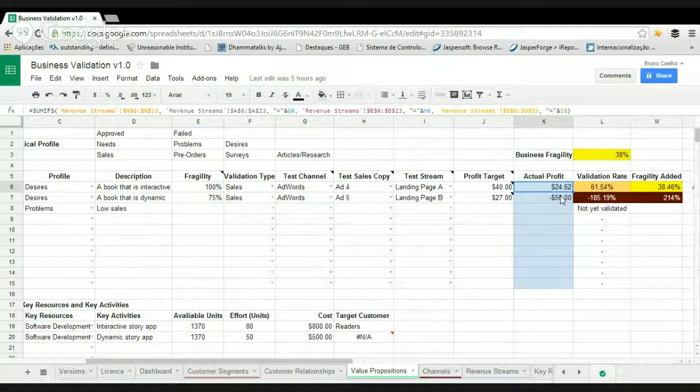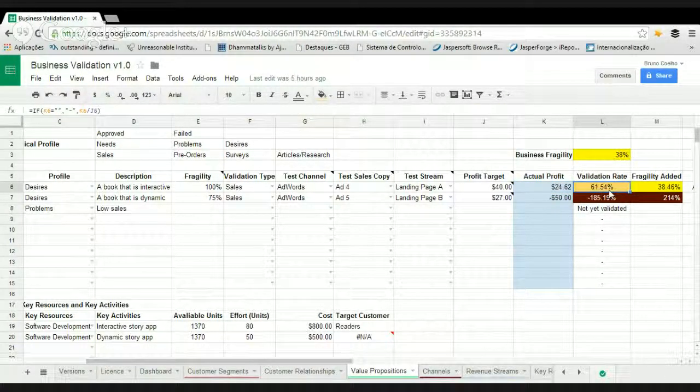But since I only got 24, I got a validation rate of 61%. So this means that there's about 40% left to validate, right? So what I'm doing here is to figure out what's 40% of 100. So it's 38%.